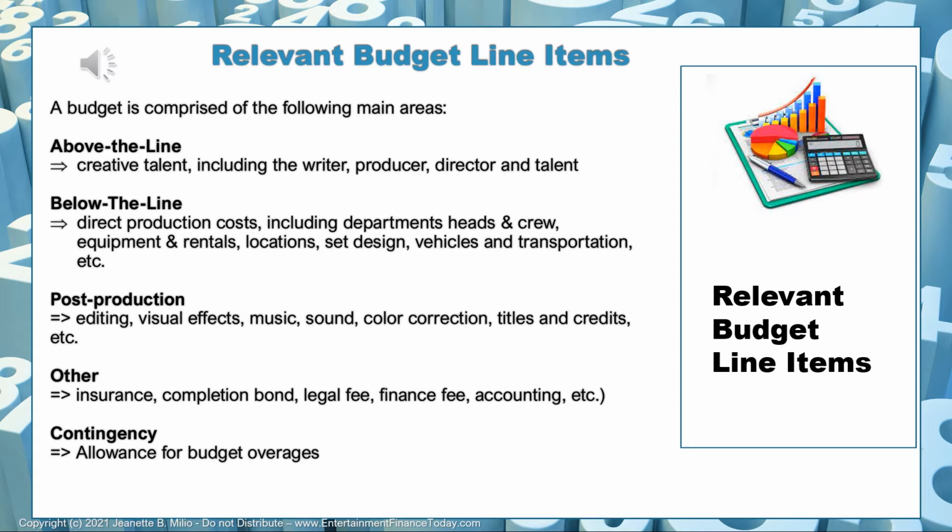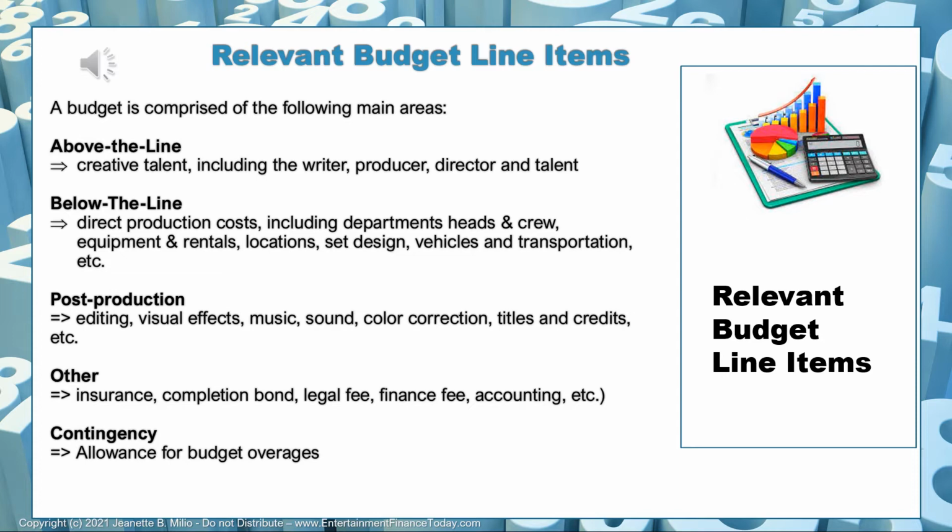So the contingency is really used as a cushion for your budget if you go over in certain areas and need more money. Let's say the wardrobe department is using more money than they were estimated to or was projected to in the budgeted line items. So that would then come out of the contingency.